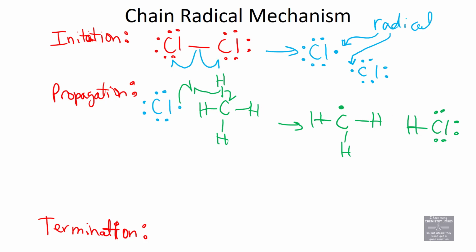All right, another propagation. Let's start with the radical that we just finished off with. And we will add in our initiator up there again, our chlorine radical. Do you have to put in all these lone pair electrons? No, but I'm just trying to keep track of them a little bit because we've got loose free-floating radicals around in this mechanism.